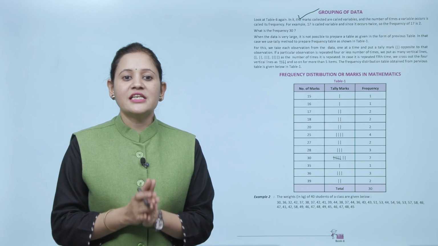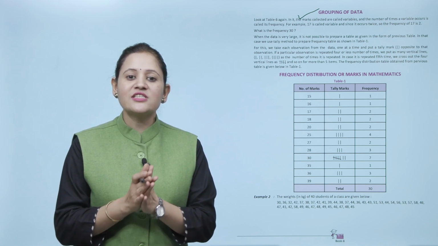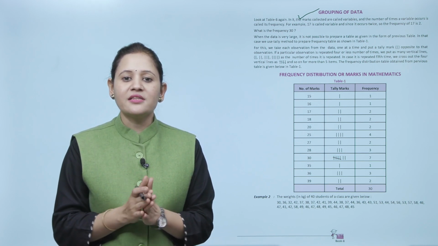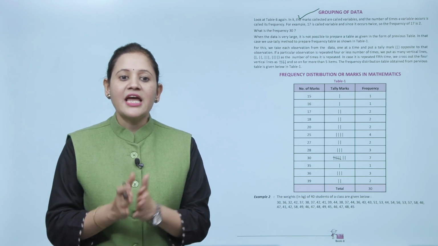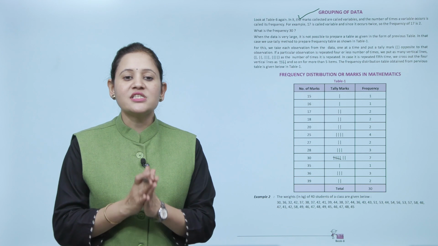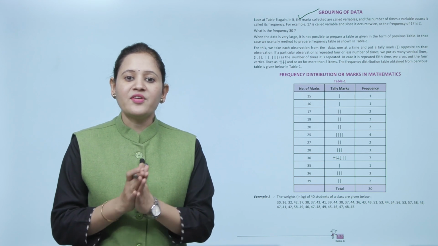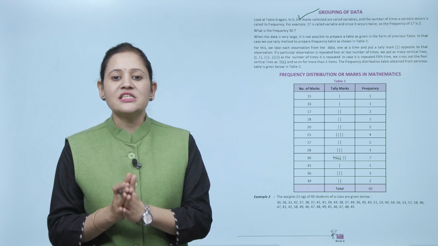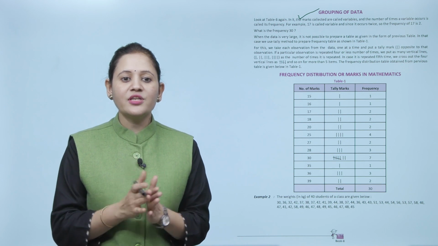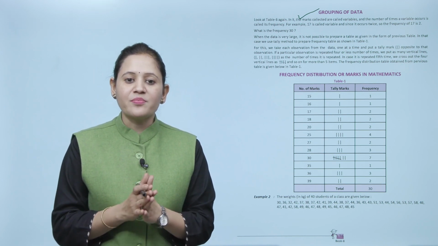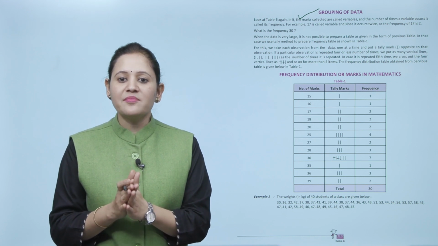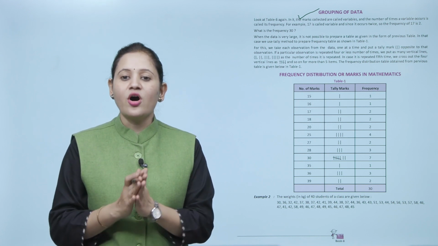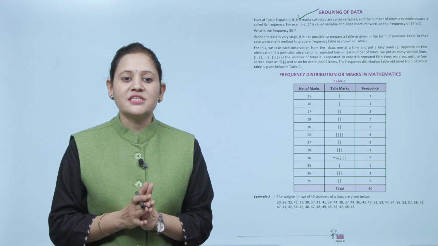When the data is very large, it is not possible to prepare the table in the form of the previous table. In that case, we use the tally method or prepare a frequency table as shown in table 1. For this, we take each observation from the data one at a time and put tally marks opposite to that observation.